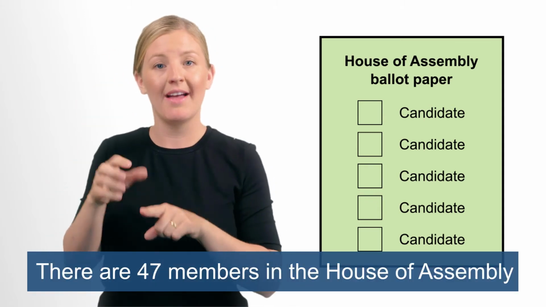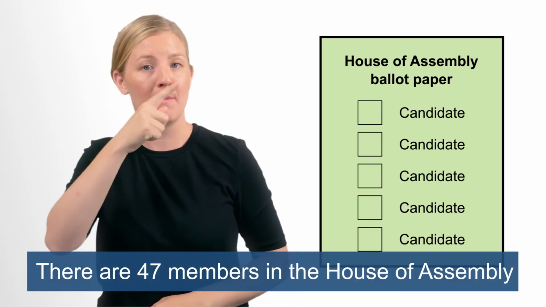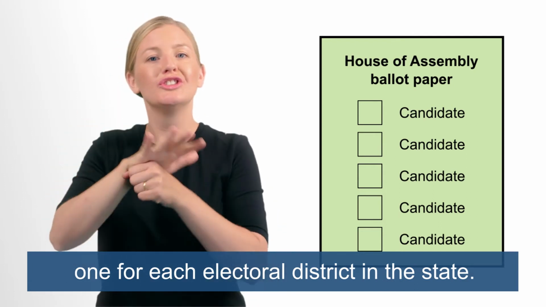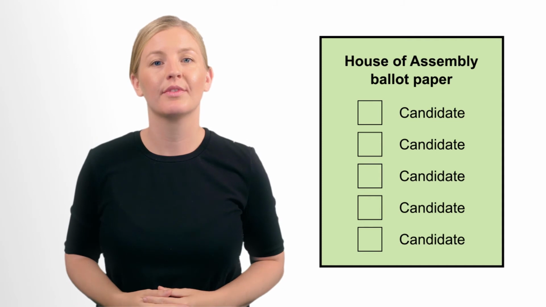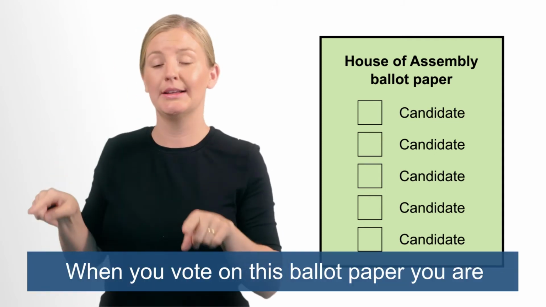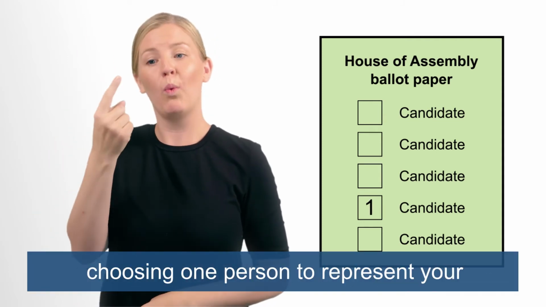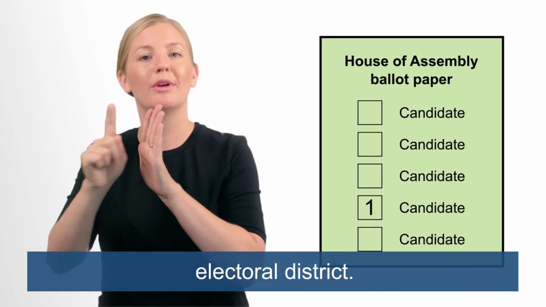There are 47 members in the House of Assembly, one for each electoral district in the state. When you vote on this ballot paper, you are choosing one person to represent your electoral district.